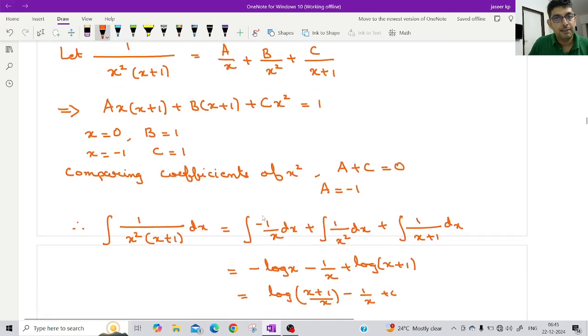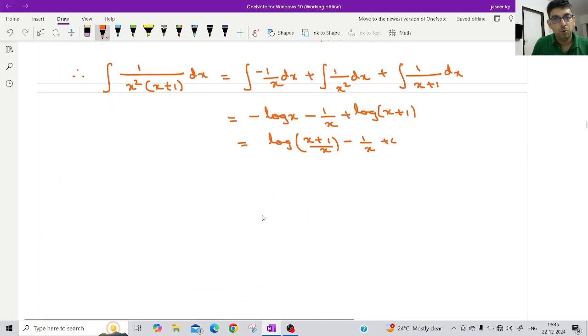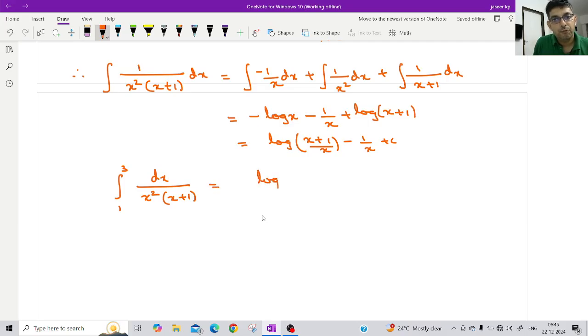Now we'll apply the limits. Limits are from 1 to 3. So if we take 1 to 3 dx by x square into x plus 1, that means it will become log of x plus 1 by x minus 1 by x from 1 to 3.